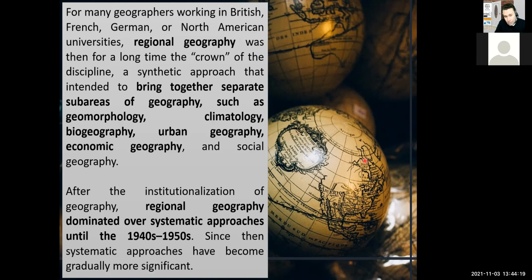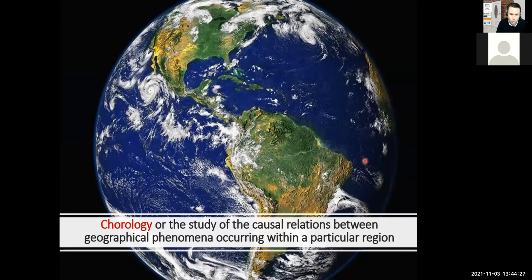And this is essentially, if you remember this slide, two slides before, that happens essentially after the Second World War. And again, this chronology, or the study of the causal relations between geographic phenomena within a particular region, started becoming a common ground between regional geography, the historical roots, and the new regional geography.